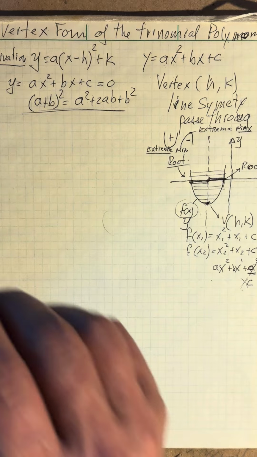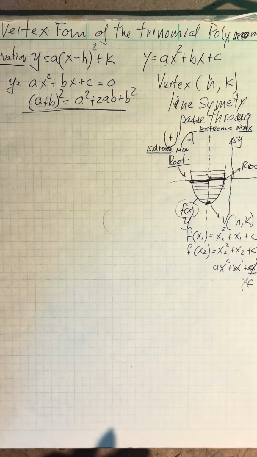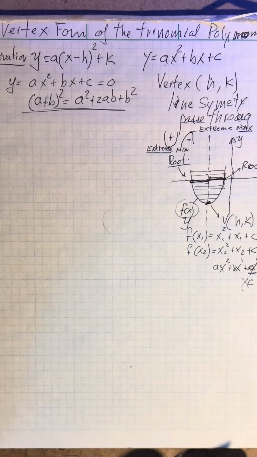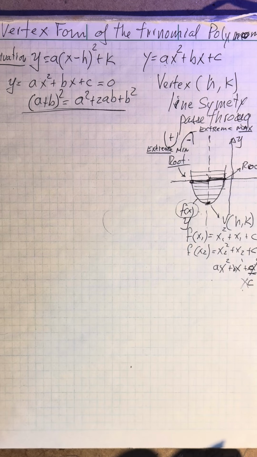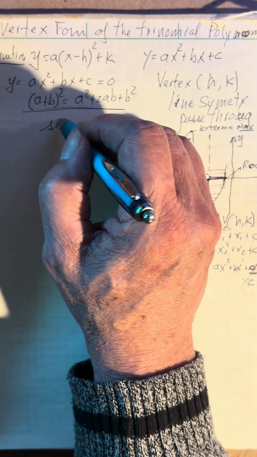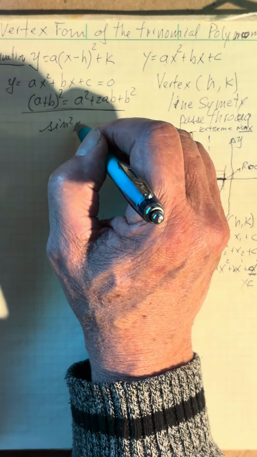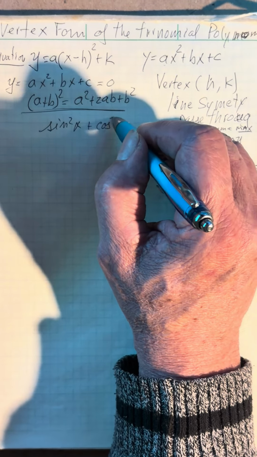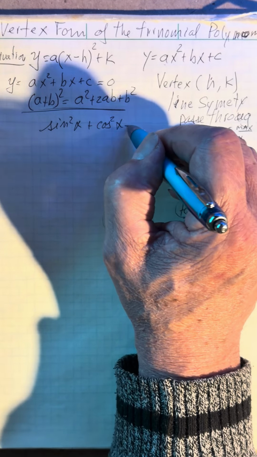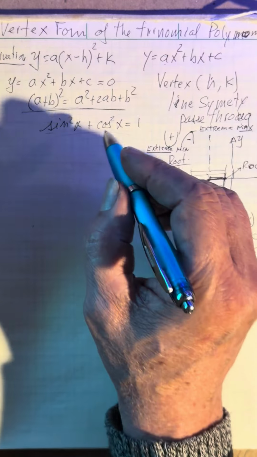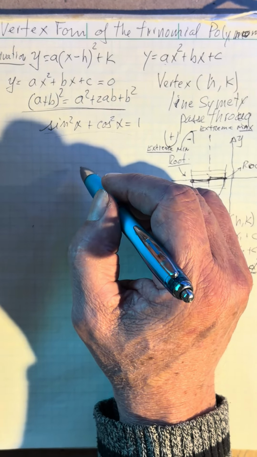These I like to call identities, used in trigonometry. Like when you have sine squared of alpha plus cosine squared of alpha is equal to 1. This is really beautiful.